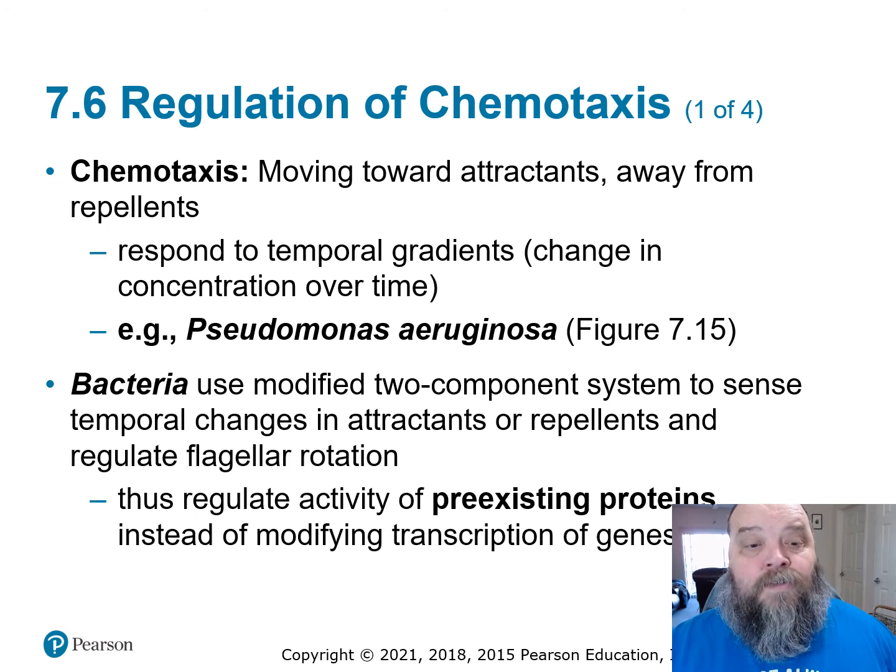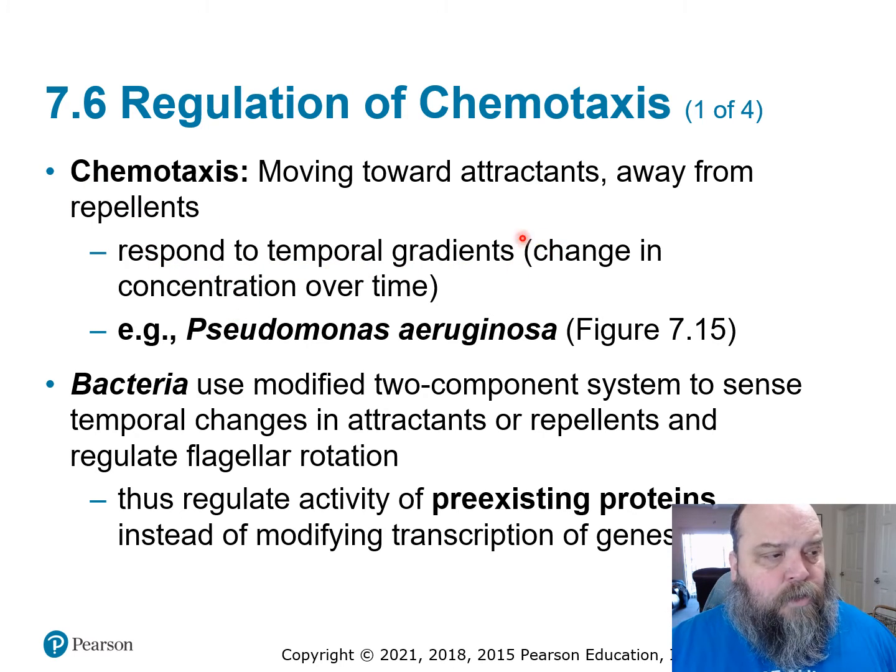Chapter 7, Section 6, Regulation of Chemotaxis. Now remember, chemotaxis is basically movement of these unicellular cells either towards something that's an attractant or away from something that's a repellent. Good, bad, literally.